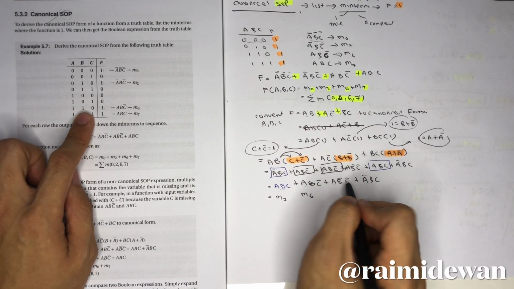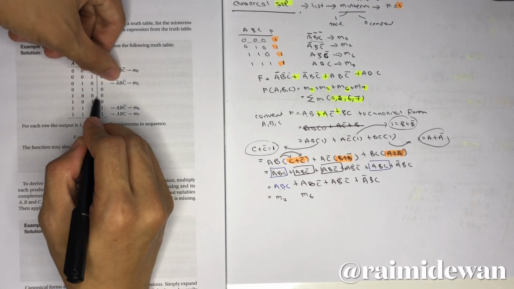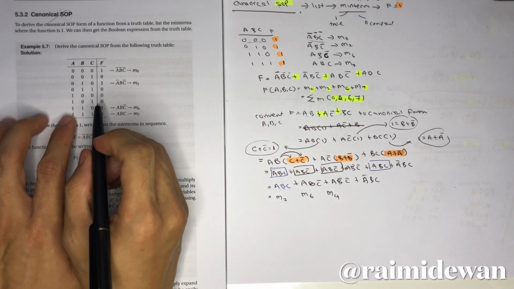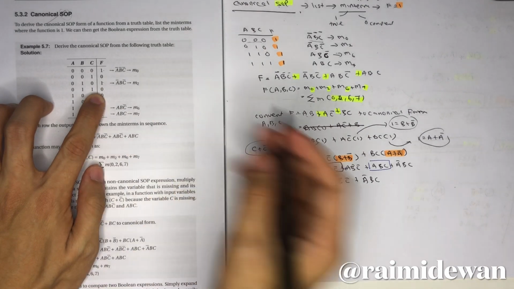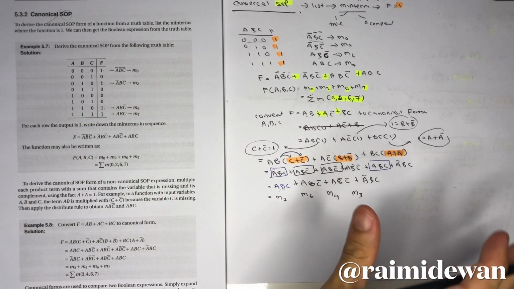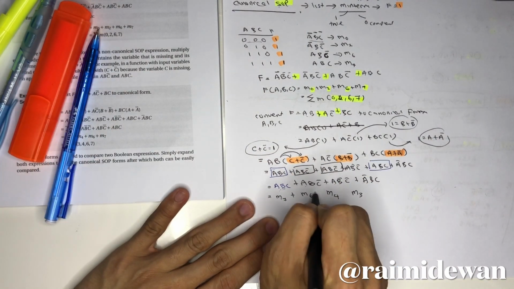How about 1 0 0? If this is your M2, M3, then this is your M4. How about 0 1 1? So it's here, it's actually your M3. I see it is not in order, but it's okay as long as you guys understand. Then plus, plus, plus.